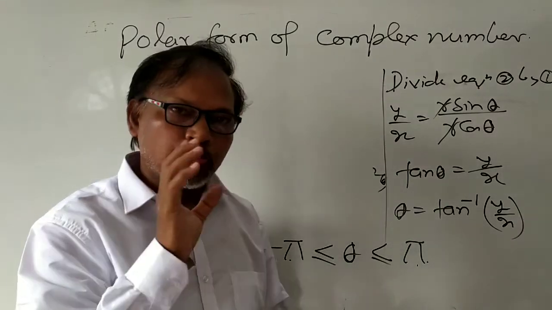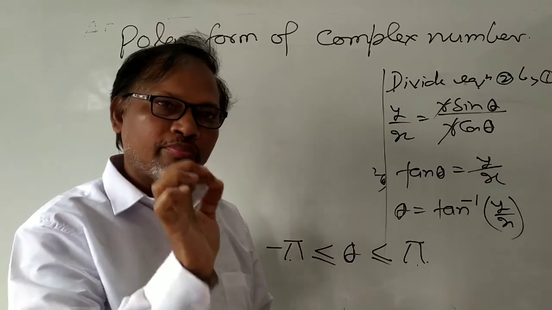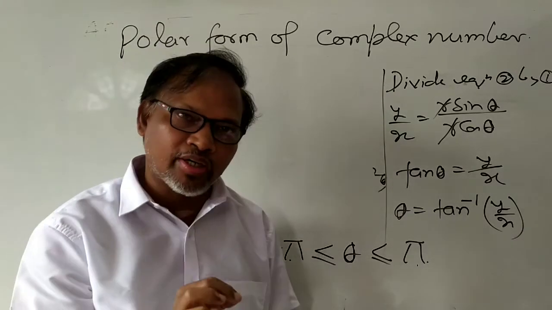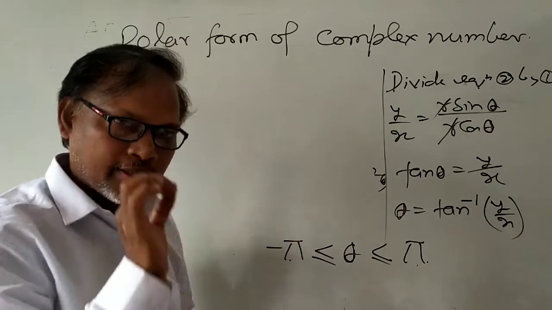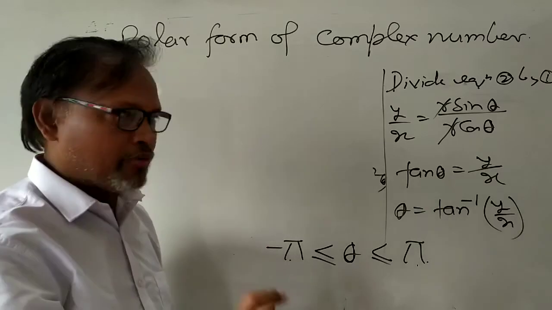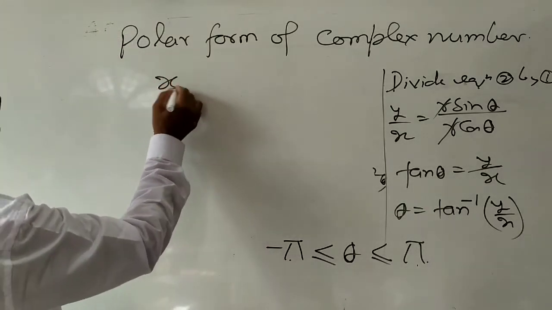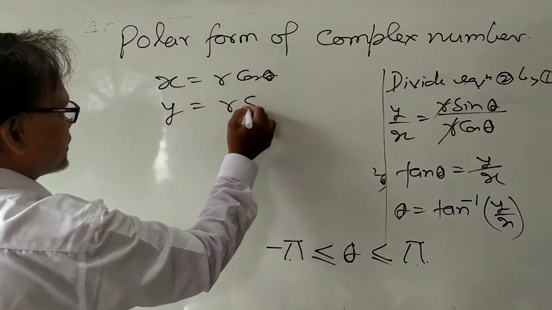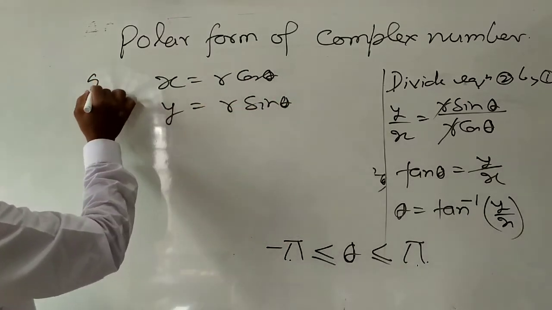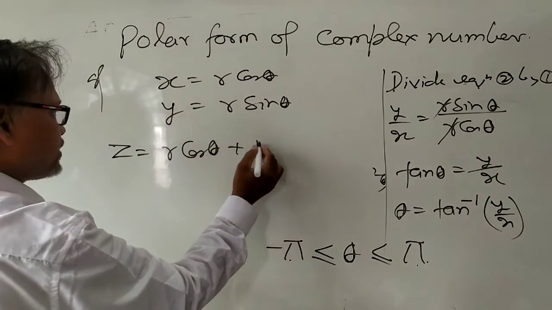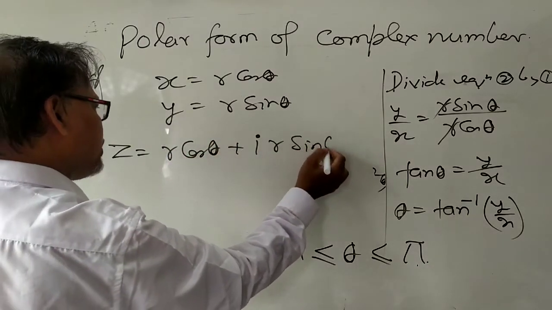So what is polar form? Polar form is the form in which you will represent the complex number in terms of its angle, means according to the quadrant, the angle and the value of r. So the polar form: x is r cos theta and y is equal to r sin theta. Then z will be r cos theta plus i r sin theta.